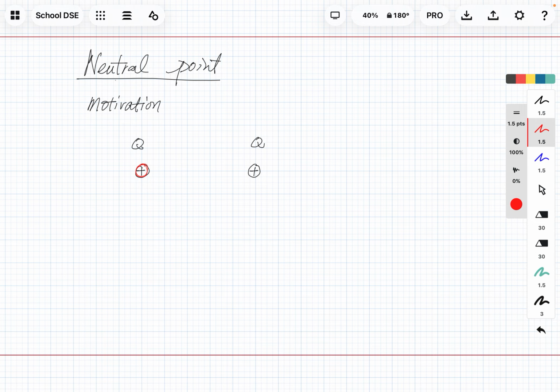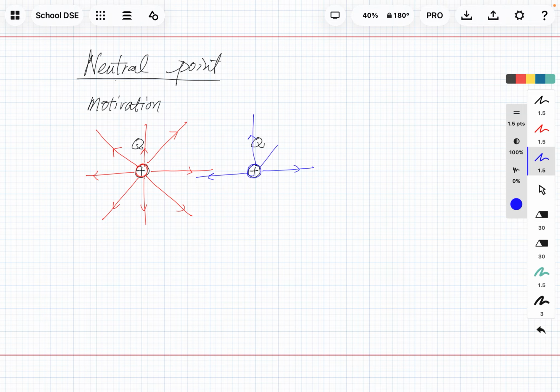So therefore, the neutral point should be somewhere here. And then this is weaker. So the neutral point is somewhere here. Yes. Now, so therefore, for the neutral point about electric field, there's many things you can talk about.